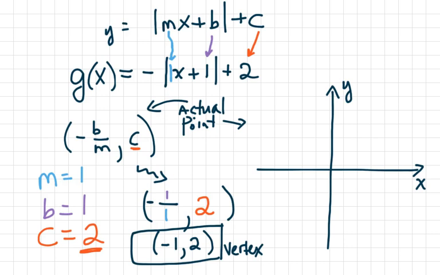That's the one we're looking for. So if we go over 1 and up 2, we get a point right here. Now the other thing you might want to ask is, for this original function g of x, which way does it go? Is this a maximum or a minimum? Let's figure that out.